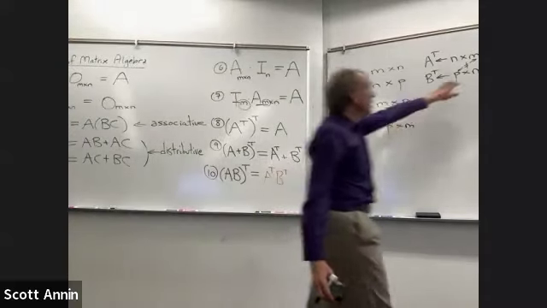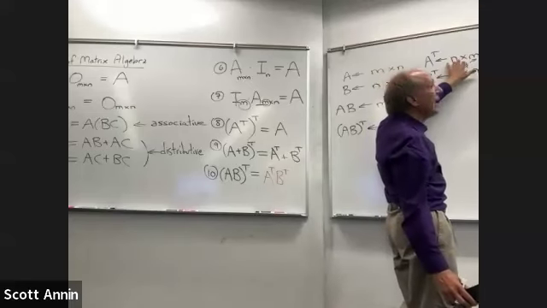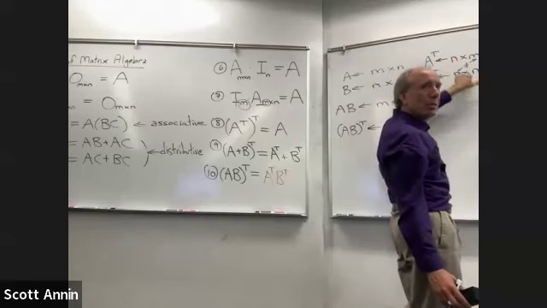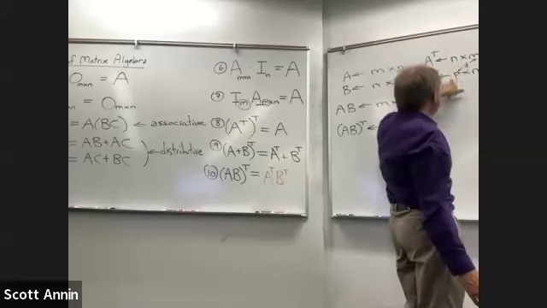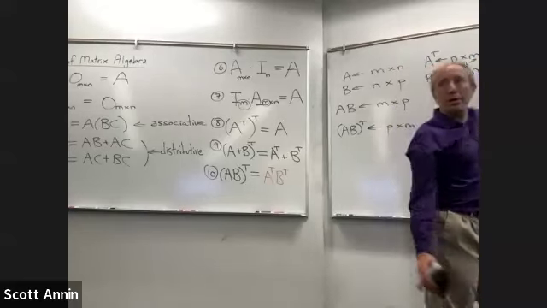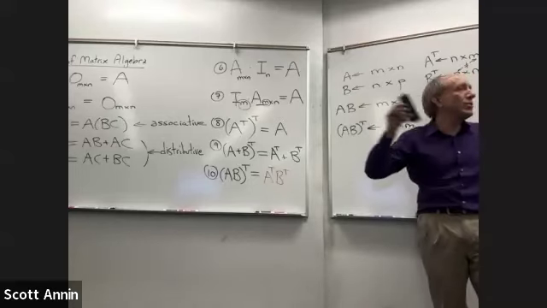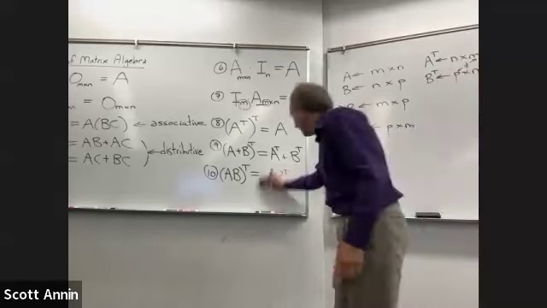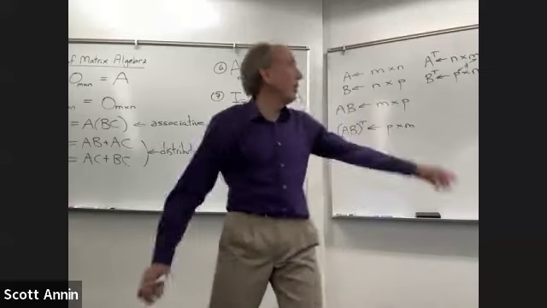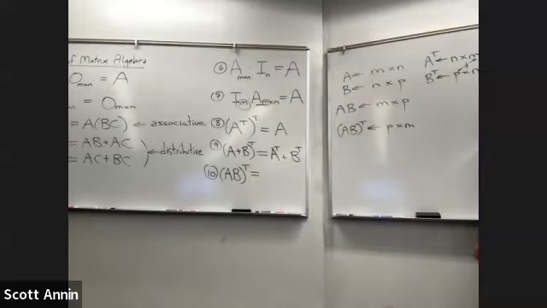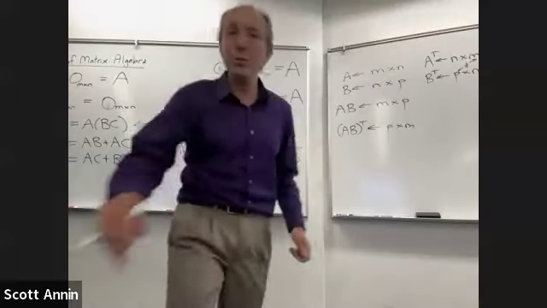B transpose, that's this one, times A transpose. And what would be the size of that? P by M, which is exactly the size that we were expecting here. Turns out that is the correct formula. Oh, and another example of where this non-commutative multiplication is kind of getting us screwed up a little bit.